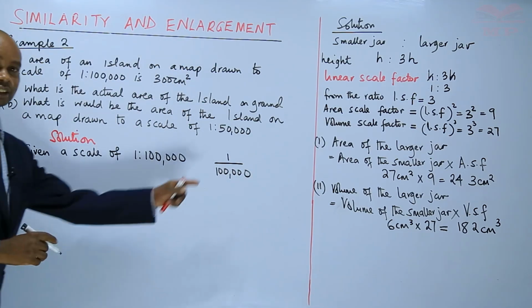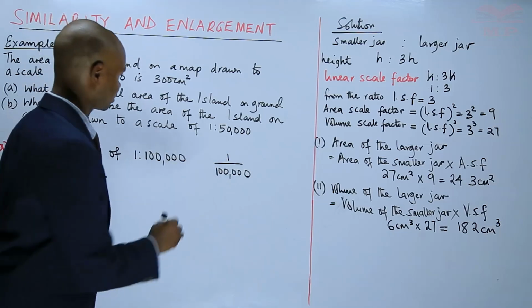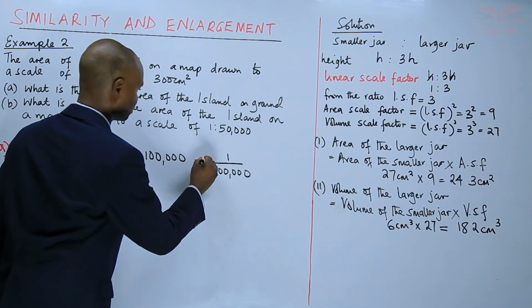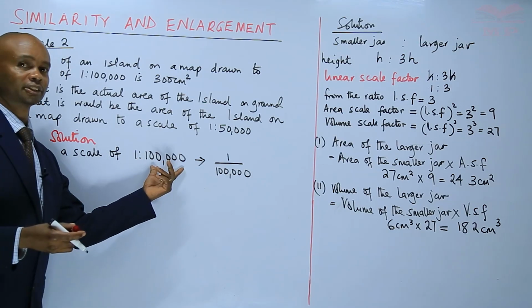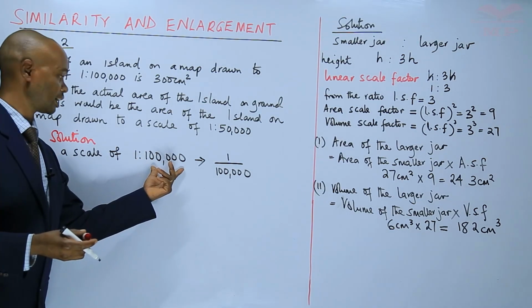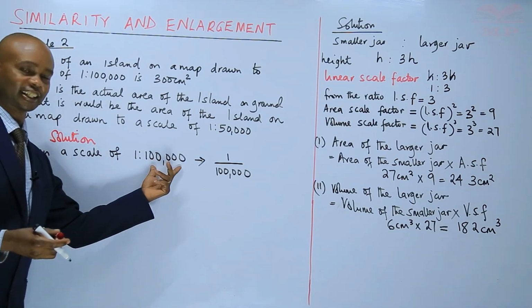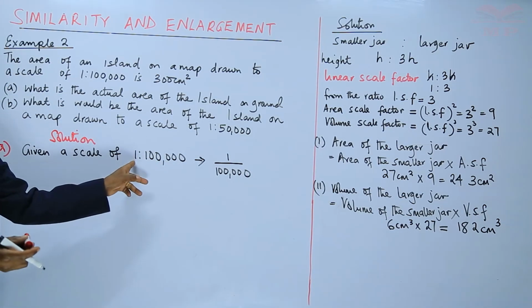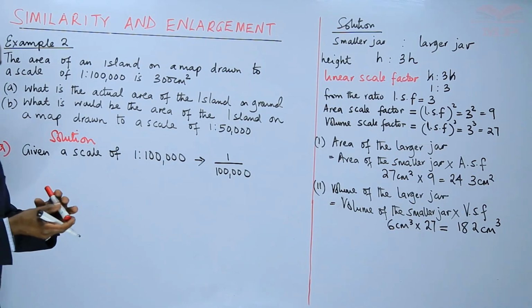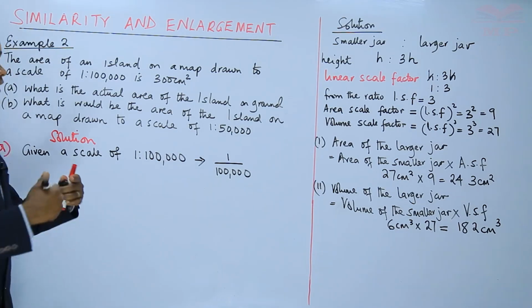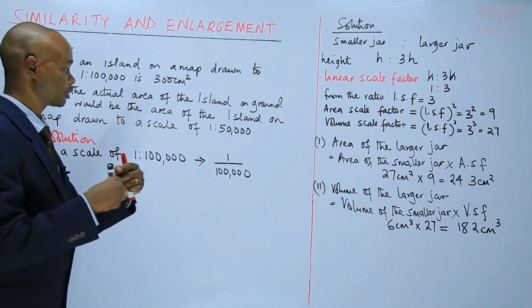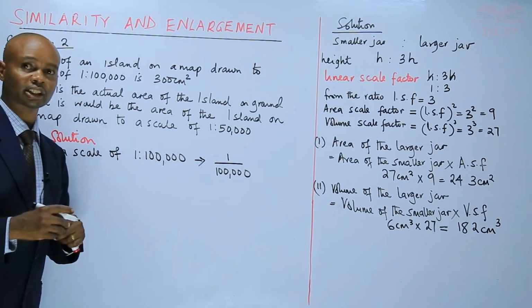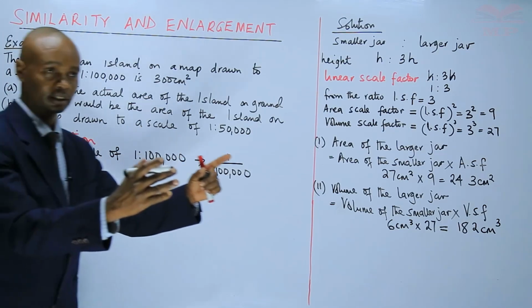It means the actual sizes on ground are 100,000 times bigger than what you see on the map. So the image on the map has to be transformed 100,000 times to get the actual image.